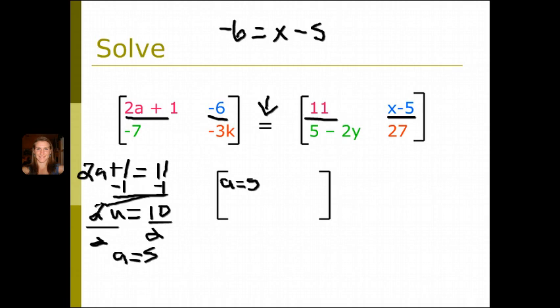So we need to add 5 to both sides. When you add 5 to both sides, -6 plus 5 gives us x equals -1. And that goes in the top right.